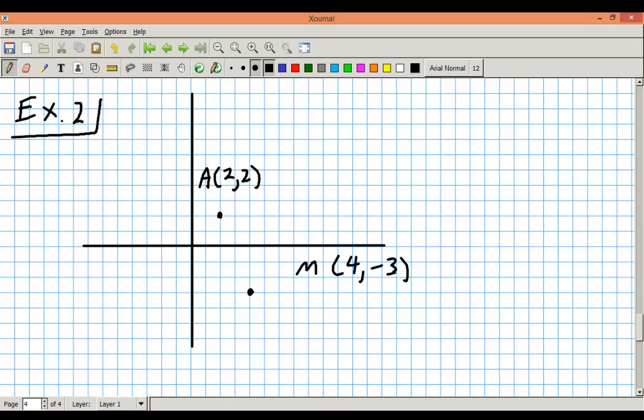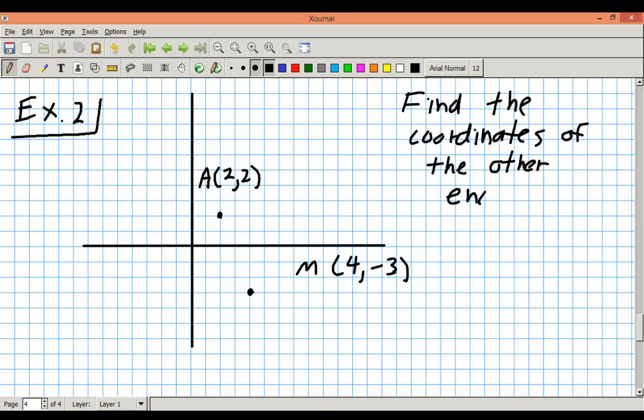So now we've got to calculate the coordinates of B. That's our job, is to find the coordinates of the other endpoint of the segment, which we're going to call point B. So we would expect it would be down here somewhere, right?